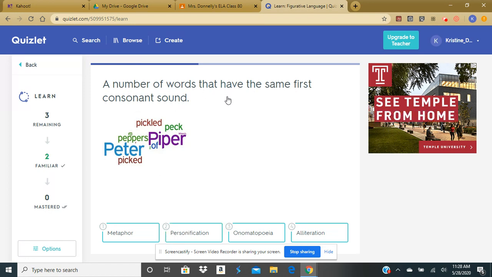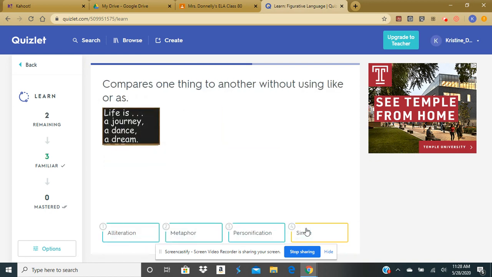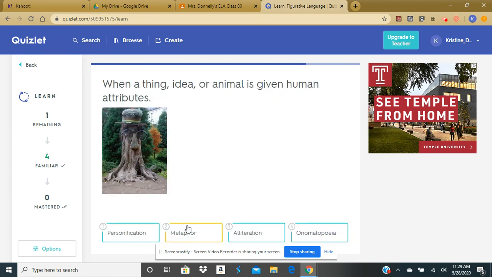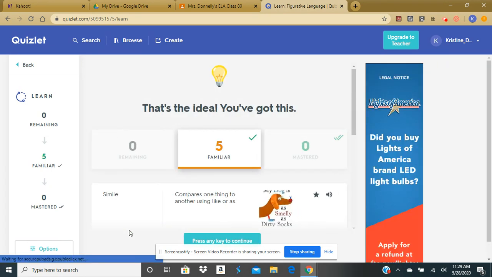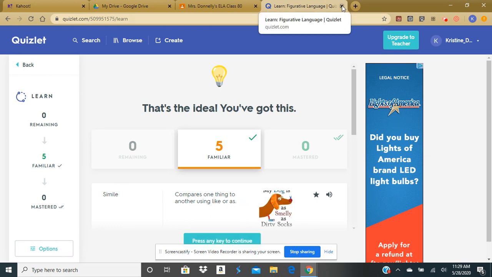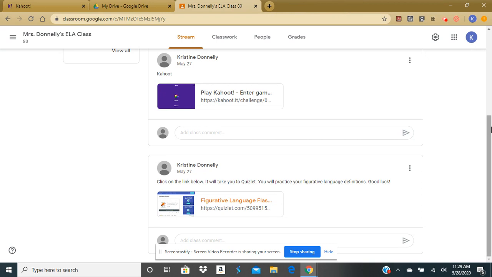A number of words that have the same first consonant sound. Compares one thing to another without using like or as. Okay, let's try this one again. When a thing, idea, or animal is given human attributes. So we already used metaphor, alliteration, and onomatopoeia. So it must be personification. Okay. So what I would like you to do is close this out and go back into Classroom.